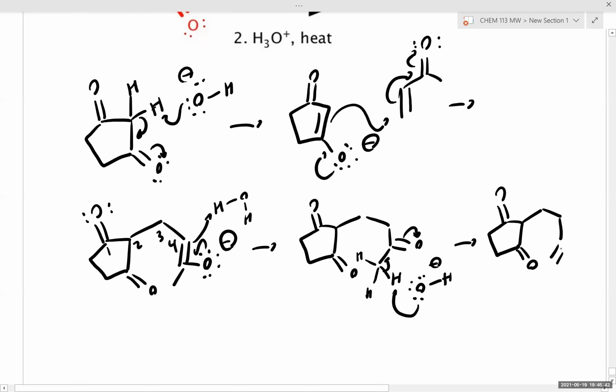So now that we have our nucleophilic enolate all set up, what can we do with this?